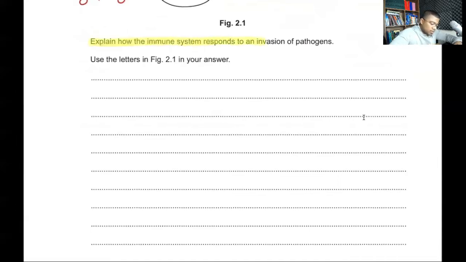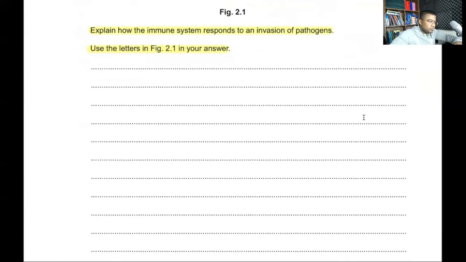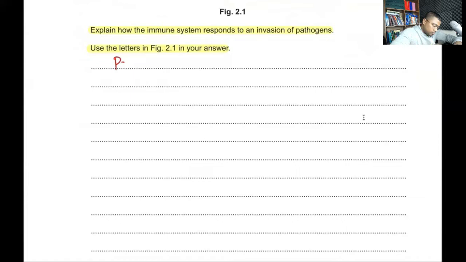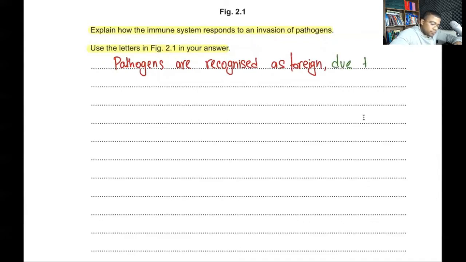Explain how the immune system responds to an invasion of pathogen. Use the letters in figure 2.1 in your answer. Pathogens are recognized as foreign due to their unique antigen in the cell surface membrane.